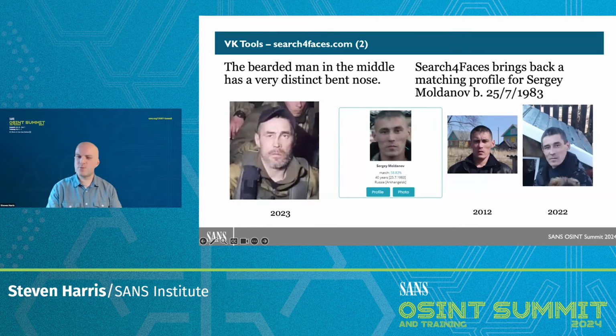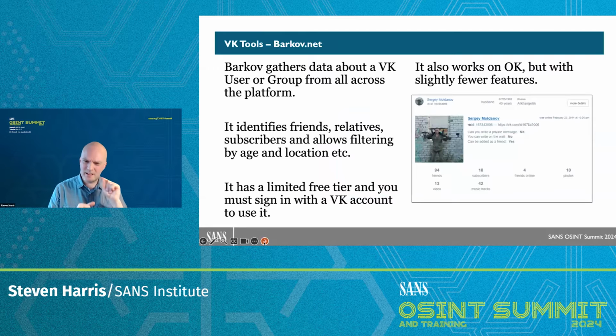And when I dug into his profile, you could see he wasn't a conscript. He'd actually been a professional soldier for a very, very long time. Obviously you could then pivot from there to learn about his hometown, his family, his friends, and so on and so on. But this was done with a completely free tool, which is very, very useful. It can be a little bit slow to work with.